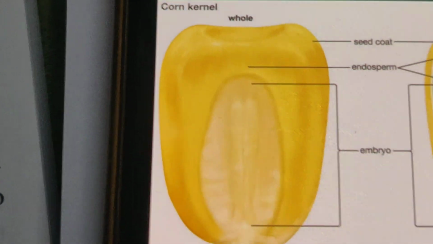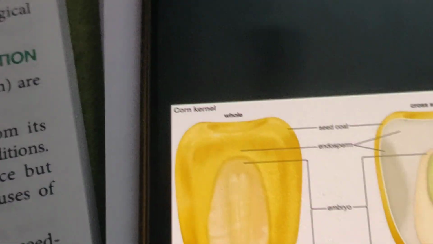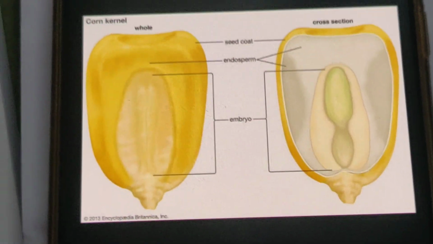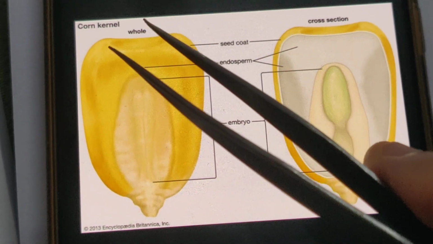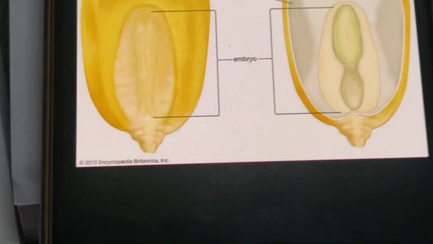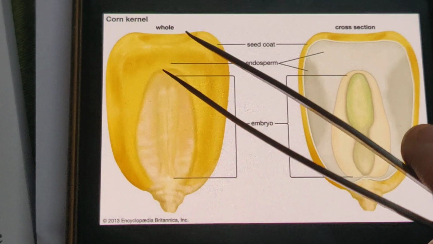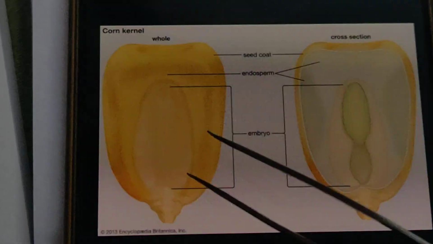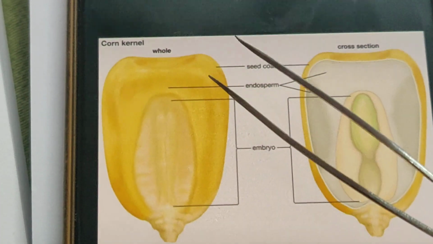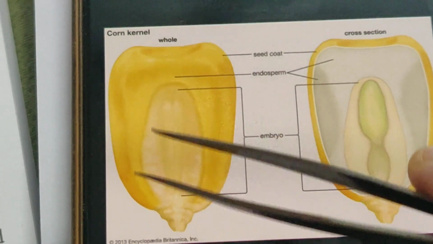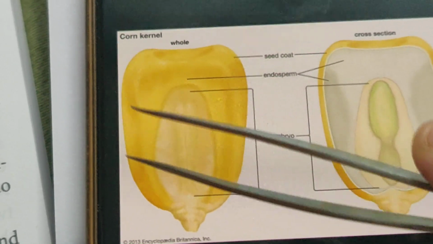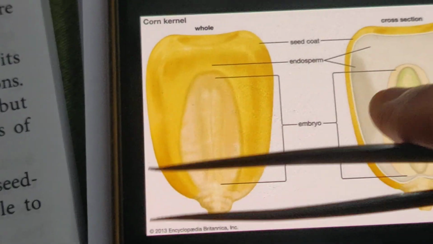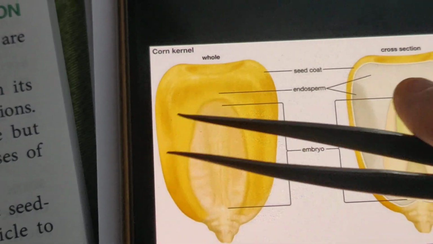It is of this corn, a kernel of corn. Now see, this is what the whole corn kernel looks like. If you look at this figure from here to here, you can see that this is different in color from the rest of the part. So this oval shaped structure is the embryo. The remaining portion is the endosperm.